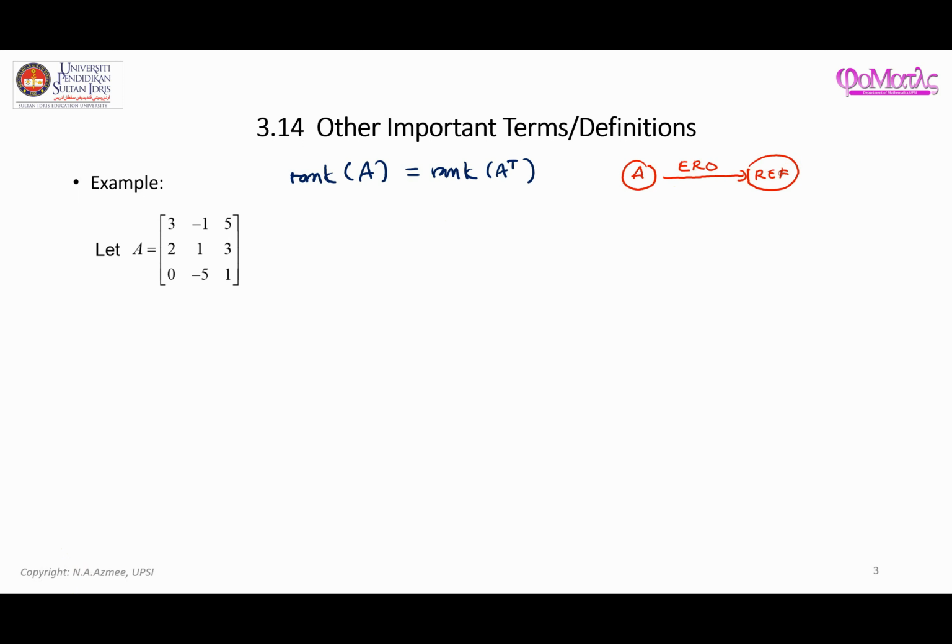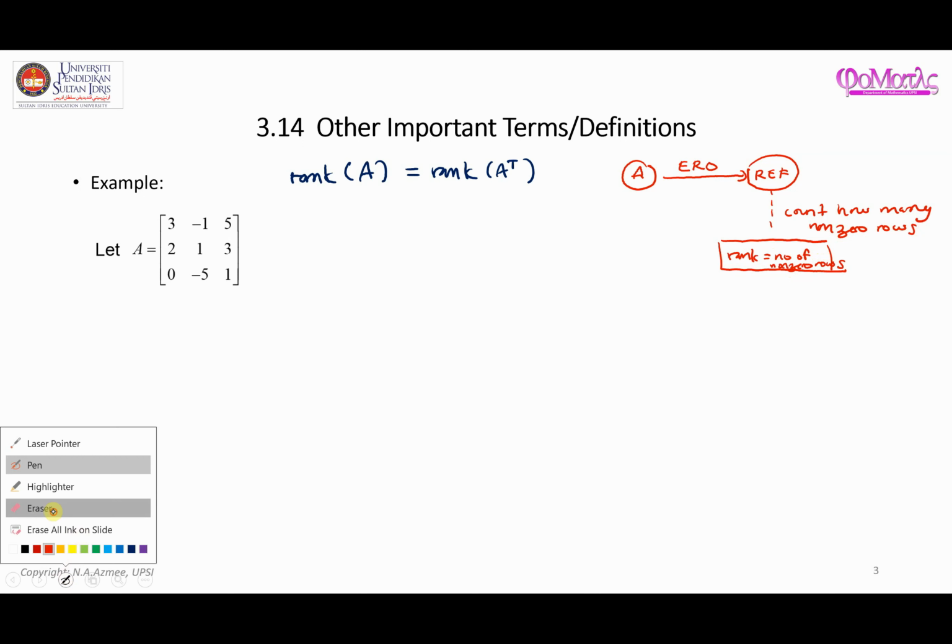And based on this REF, you can then count how many non-zero rows there are, so rows that have non-zero entries. So therefore, the rank is just the number of non-zero rows.